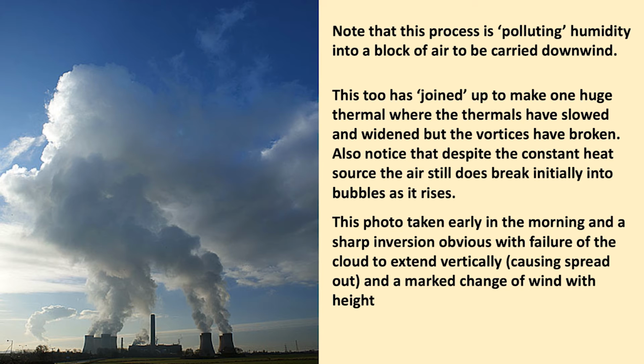However, it does continue to go up weakly, and then the structure of the air has changed again, so it goes into a new block, and in the distant power station on the left, you can just see the redevelopment of vortices going up to the highest level before again they reach another stable layer. So notice that despite the constant heat source, the air still does break initially into bubbles as they rise.